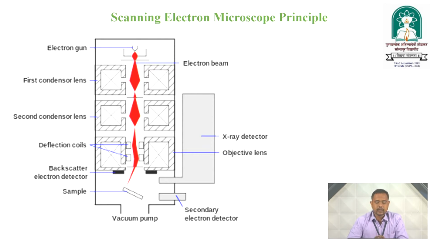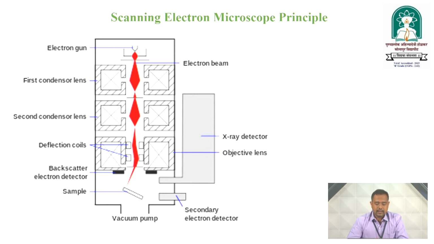Thereafter, at the third stage, we have the deflection coils. The coils control the path of the electron beam onto the samples by making a raster scan, which is a line-by-line scan. We will see that line-by-line scan in the video also.